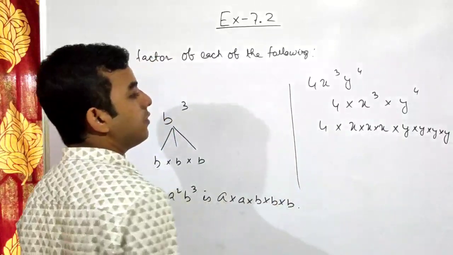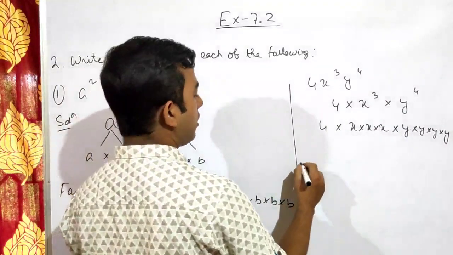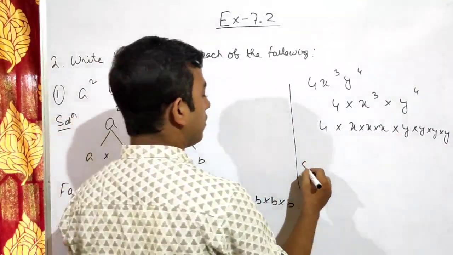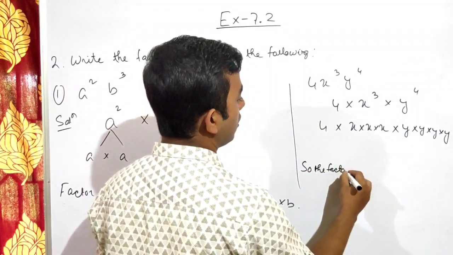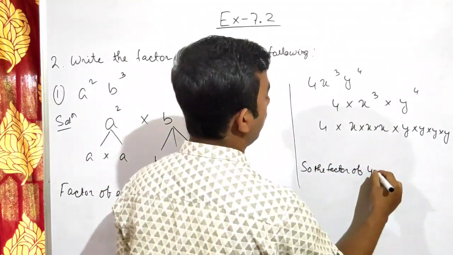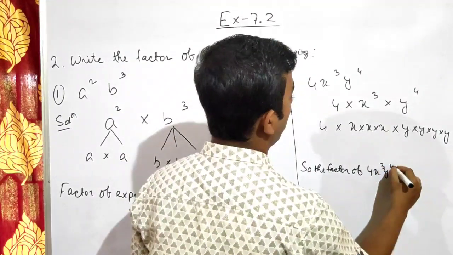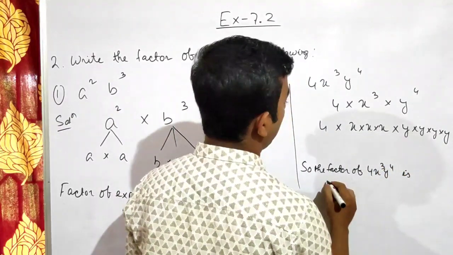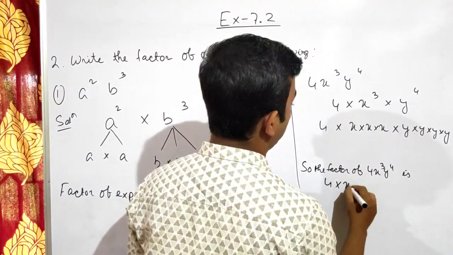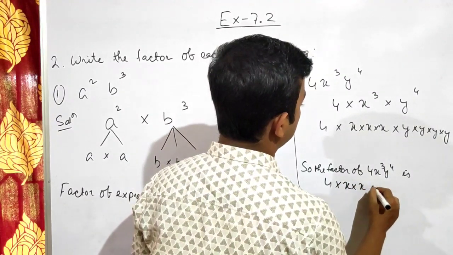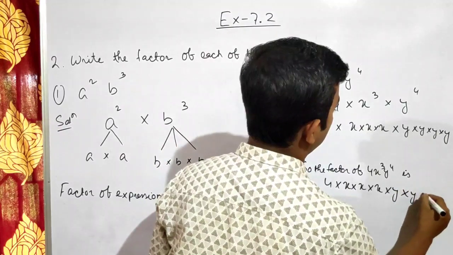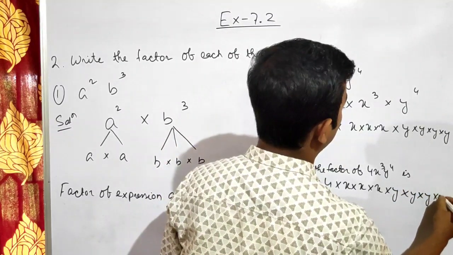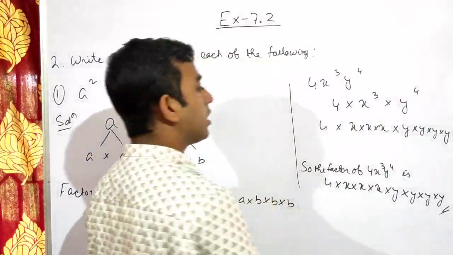So the factors of 4x cube y to the power 4 are 4 into x into x into x into y into y into y into y. Okay, I hope this is clear to you, right?